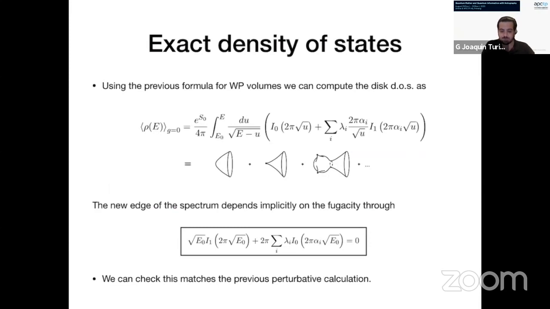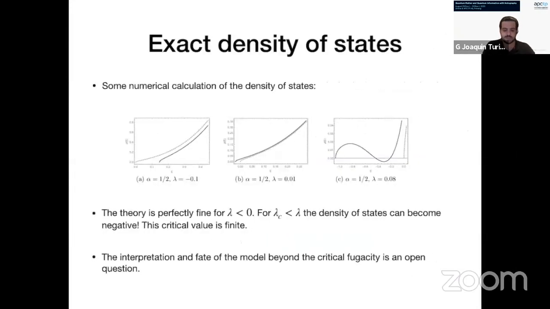Here I'm summing over the number of defects in the disk, as I was mentioning. This integral is easy to compute numerically, and you get shapes like this. Here, for lambda negative, you see that it goes to 0 at some non-zero value. When lambda is positive, again, it's smooth with a shift in the edge.